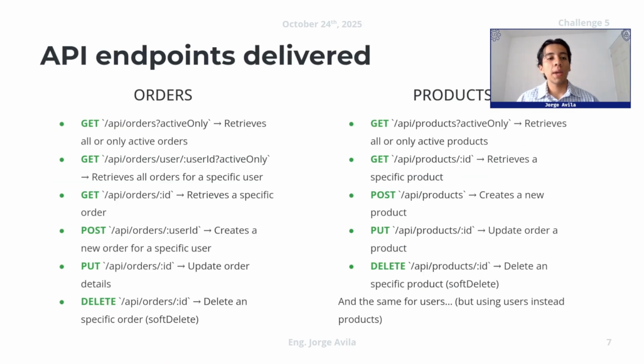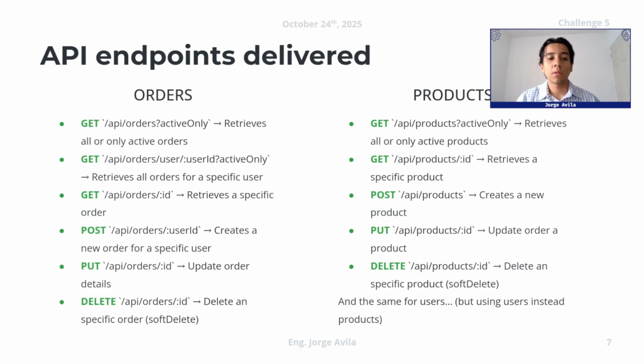And the API endpoints that we are going to deliver: we have the endpoints for orders. The first endpoint is to retrieve all or only active orders using the parameter active only. If you put this parameter in true, it's going to give you only the orders that are active at this moment.